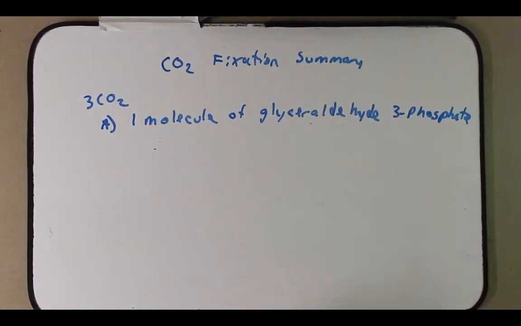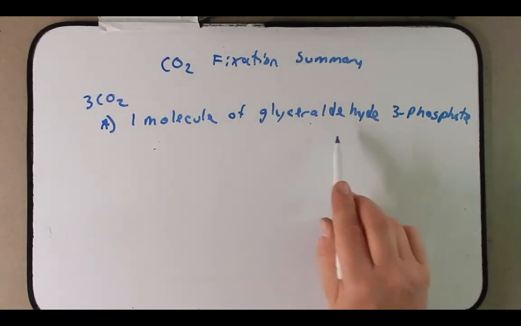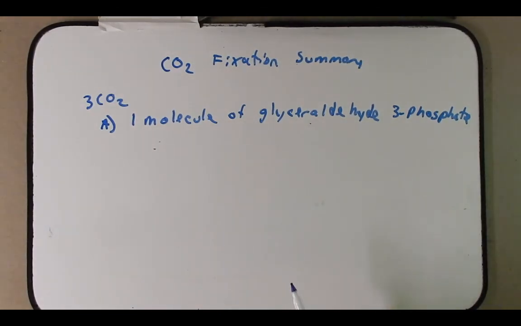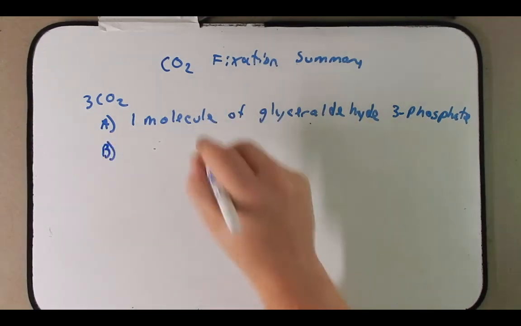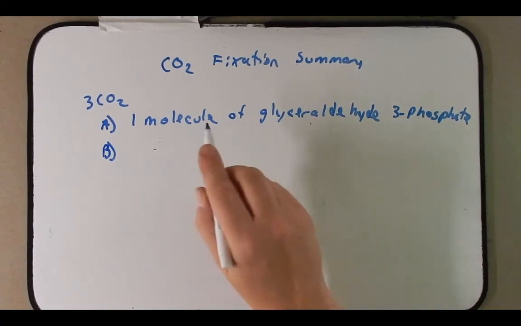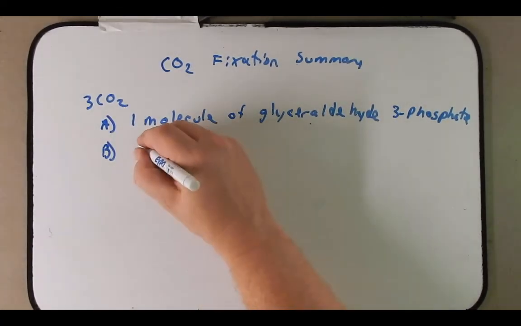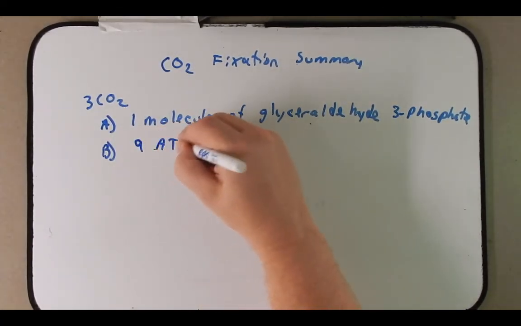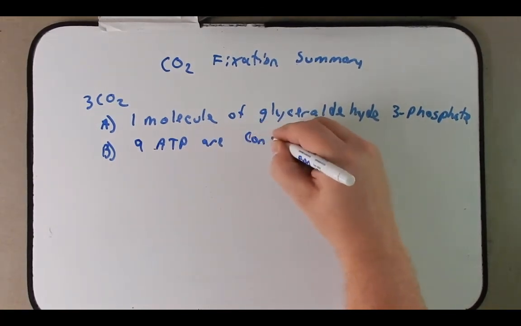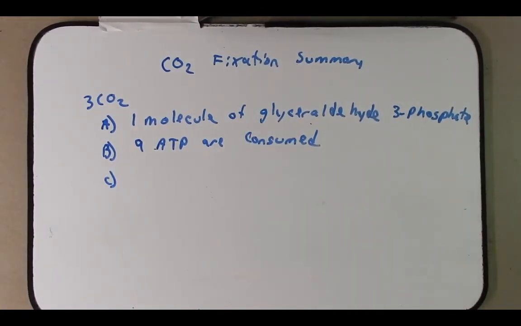Now, it makes 6 of these molecules, but the other 5 get recycled. This is an actual product because it leaves the cycle and is used to make those complex sugars, or simple sugars. In doing that, for every 3 CO2s, 9 ATP are consumed. 6 in the beginning of the pathway of the cycle, 3 at the end of the cycle.